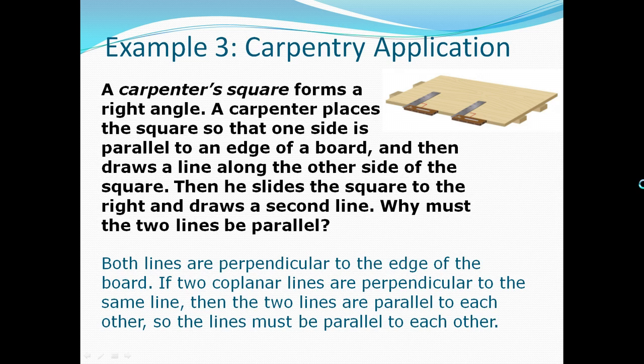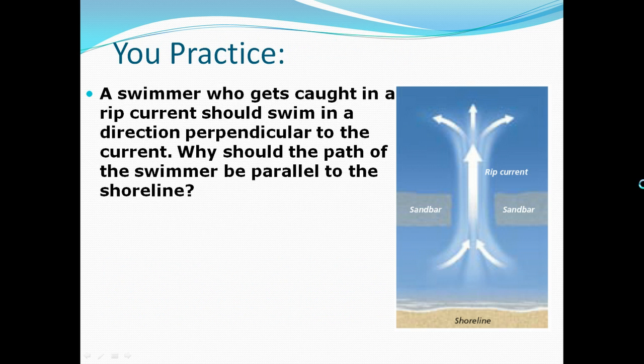Now you practice. A swimmer who gets caught in a rip current should swim in the direction perpendicular to the current. Why should the path of the swimmer be parallel to the shoreline? Work this problem out and then start the video again.